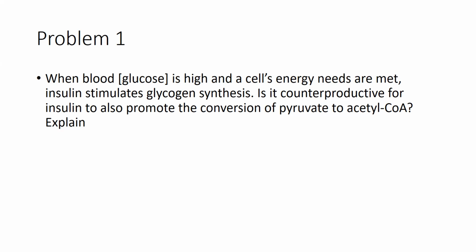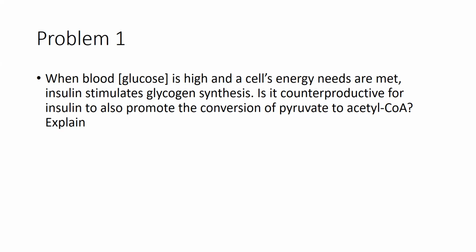So do you think it's counterproductive for insulin to say, okay, stop using glucose for glycolysis and start storing it instead, and at the same time start breaking down pyruvate to acetyl coenzyme A? I want you to have thoughts on why the cell might have such a system laid out for itself.